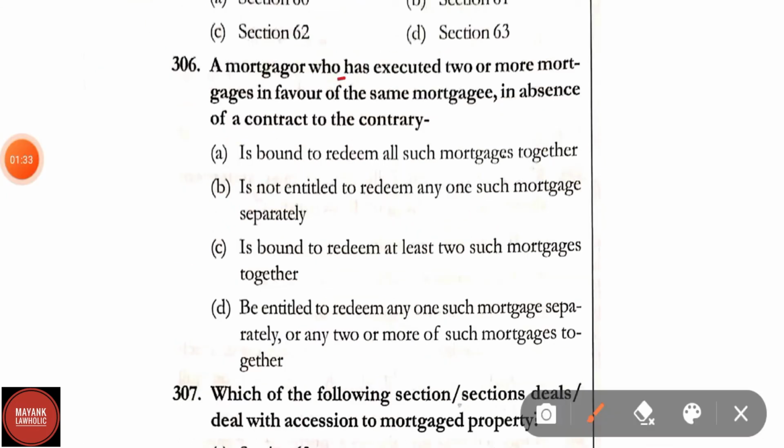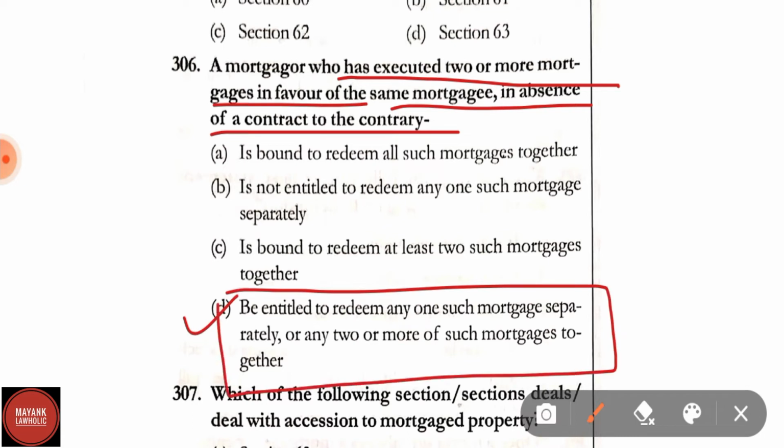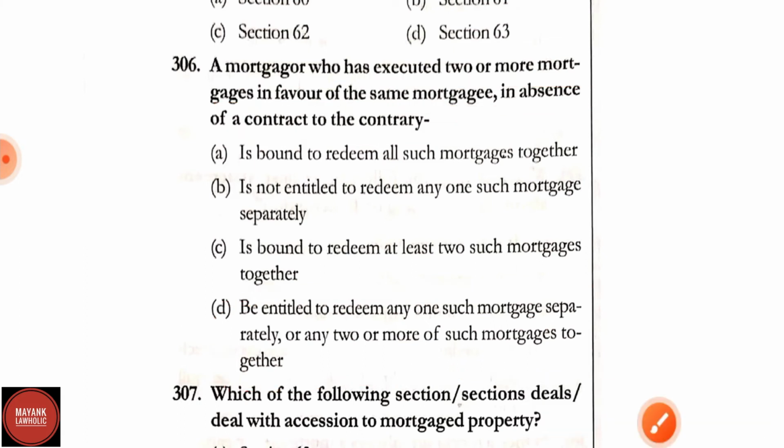A mortgagor who has executed two or more mortgages in favor of the same mortgagee, in the absence of a contract to the contrary: is bound to redeem all such mortgages together; is not entitled to redeem any one such mortgage separately; is bound to redeem at least two such mortgages together; or is entitled to redeem any one of such mortgages separately or any two or more of such mortgages together. Here the correct answer is option D, that is entitled to redeem any one such mortgage separately or any two or more such mortgages together.